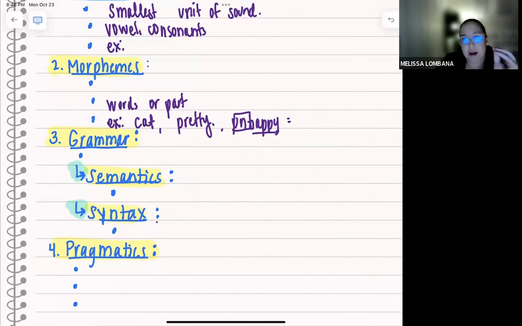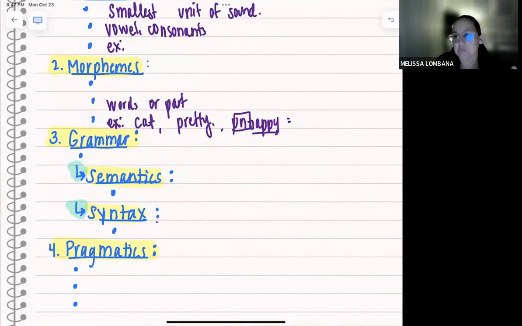Then you have pragmatics. So pragmatics, and we're writing this down, is going to be knowing when to use certain kinds of language in certain situations. Okay, so this is knowing, like, that read the room and know what you're talking about, or what you should be talking about.